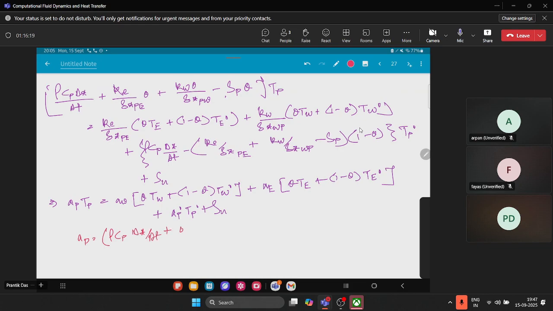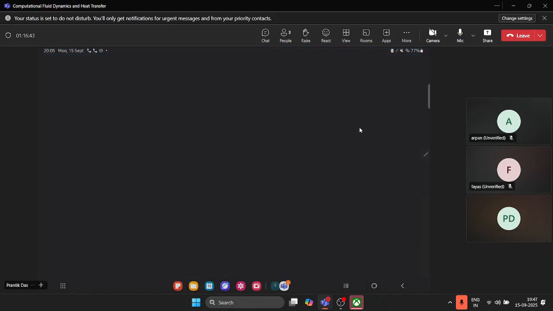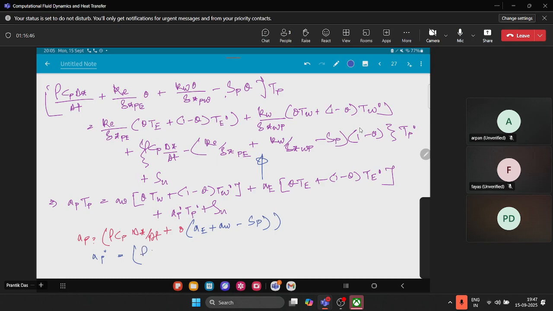Then the group AP is basically, if I tally with the equation written up, AP equals rho Cp delta x by delta t plus theta times (AE plus AW minus SP), and AP naught equals rho Cp delta x by delta t minus (AE plus AW minus SP) times (1 minus theta).